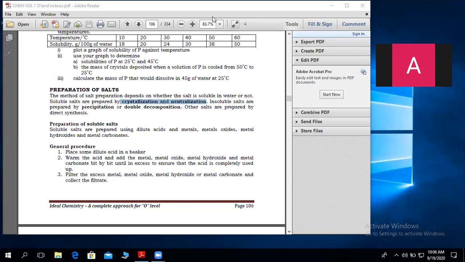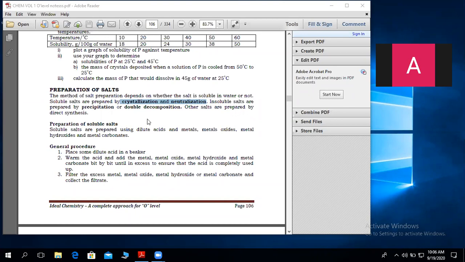For example, a mixture of sodium chloride and sodium nitrate, we use fractional crystallization because those two components have different solubilities. So it is important for you to know that.